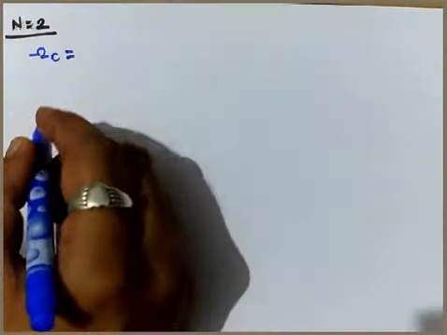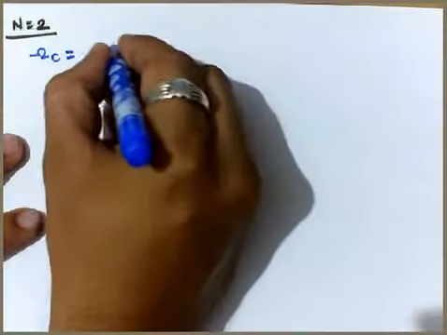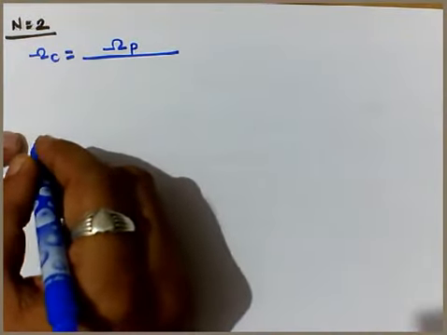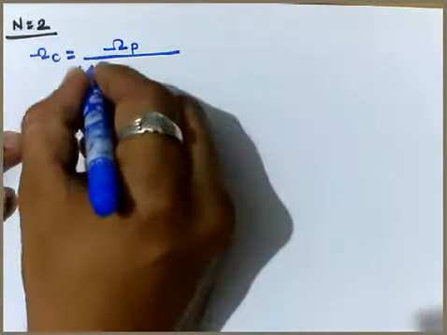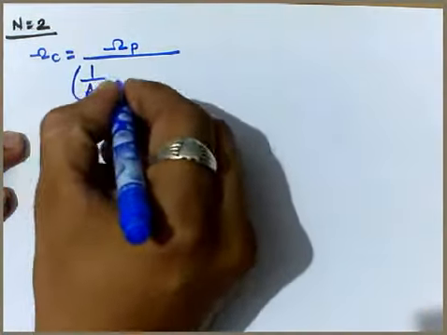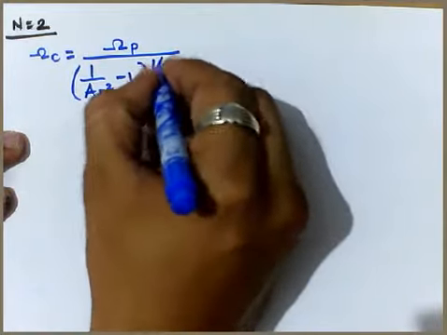So how to get the ΩC? For that we need to have the equation, in terms of Ωp and AP. So ΩC is Ωp divided by (1 upon AP square minus 1) raised to 1 by 2N.